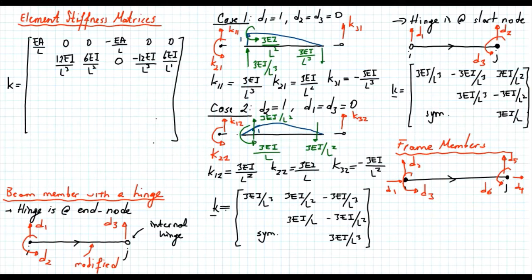The third row is related to the rotation: 4EI over L, 0, minus 6EI over L squared, and 2EI over L.